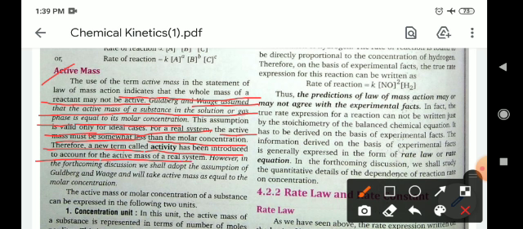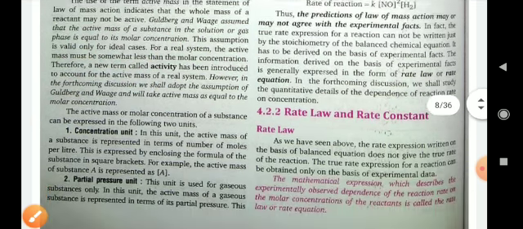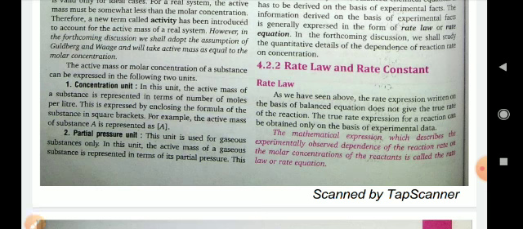However, in the forthcoming discussion, we shall adopt the assumption of Goldberg and Waage and will take active masses as equal to the molar concentration. So active mass basically denotes the molar concentration of the reactant.